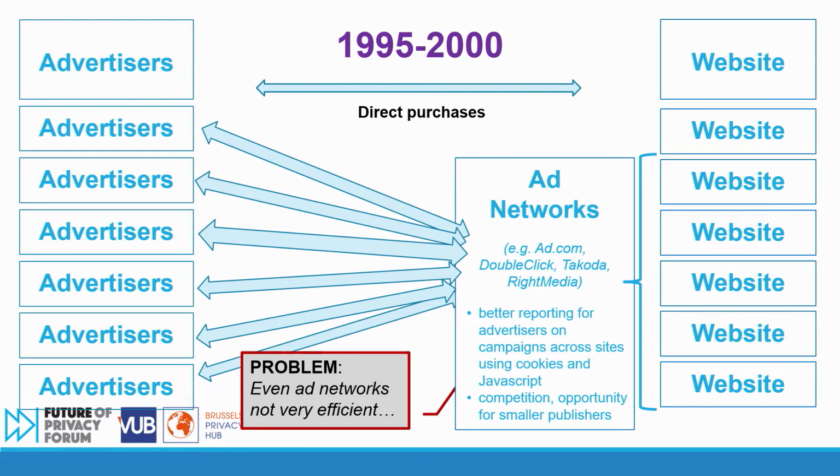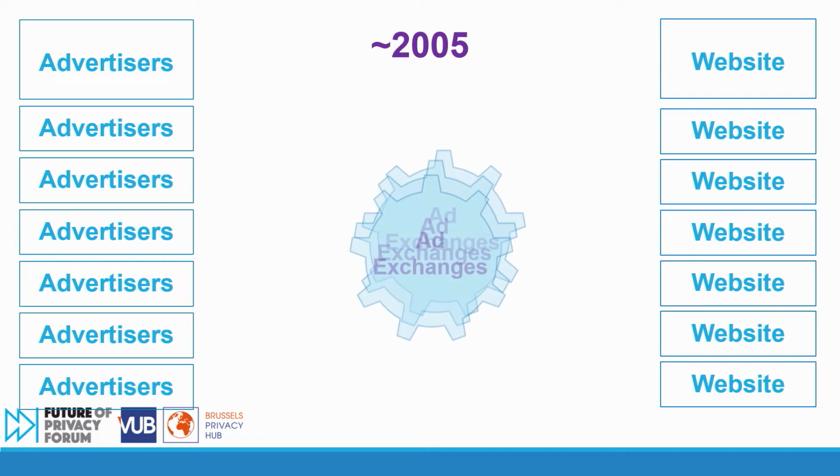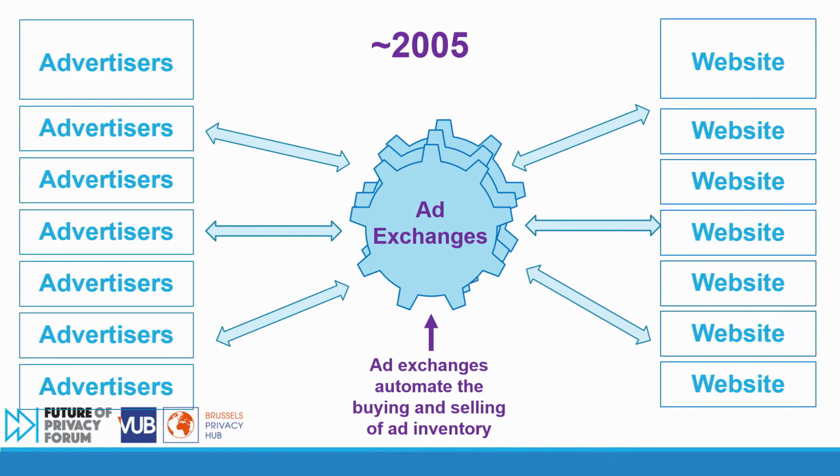Good question. So the efficiency started to come about in the mid-2000s with the rise of ad exchanges. Ad exchanges automated this whole process.